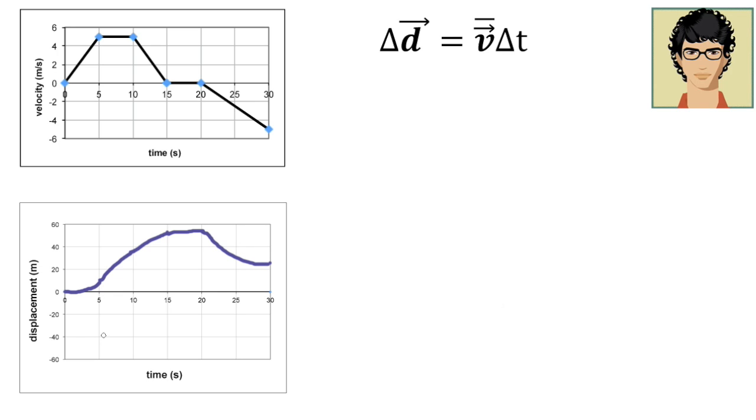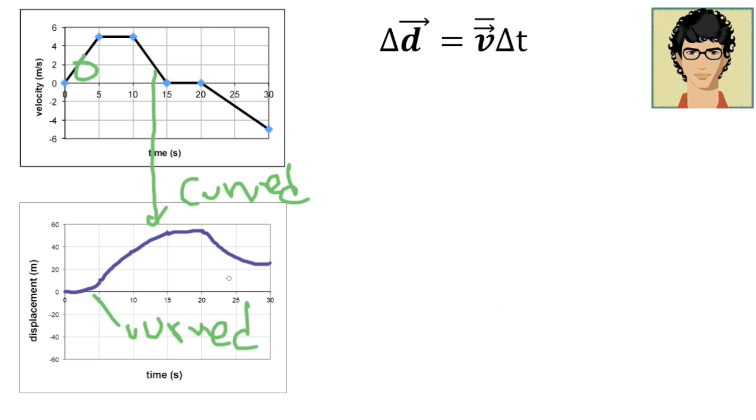So you see in a couple cases over here, we have the slope curved. All right, so that's curved. I'll write that down. Curved. Over here, because of the changing velocity, it's curved. All right, so curved. And also over here, curved.